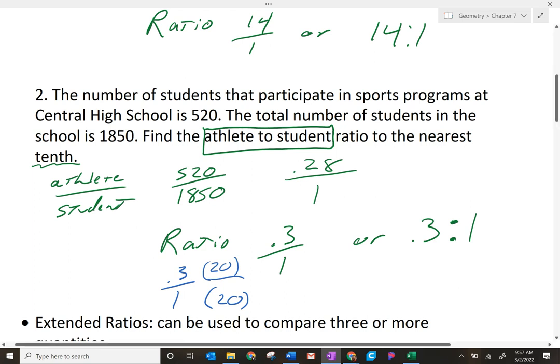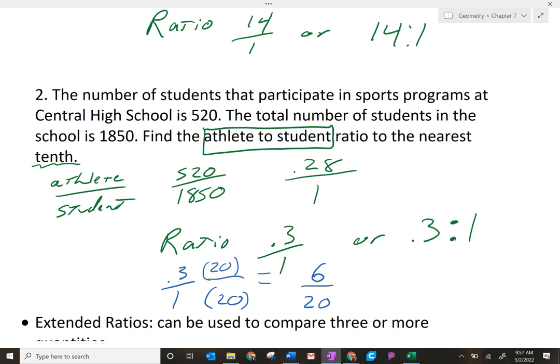So if I multiplied straight across for this one, my bottom number is going to be 20. On top, I've got 0.3 times 20. I should have 6 students in here. So based on that ratio, I should have 6 out of my 20 students inside this classroom that are athletes, based on this ratio.